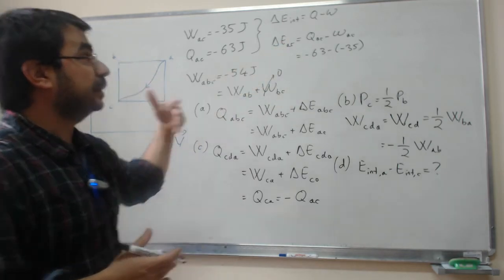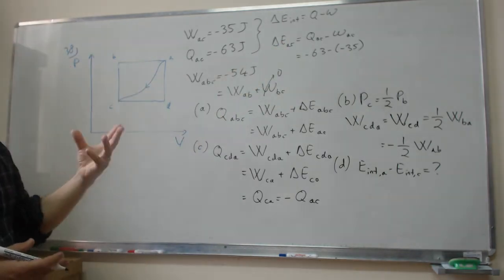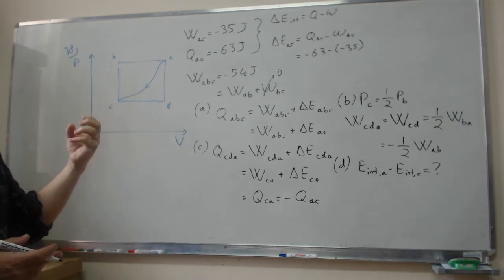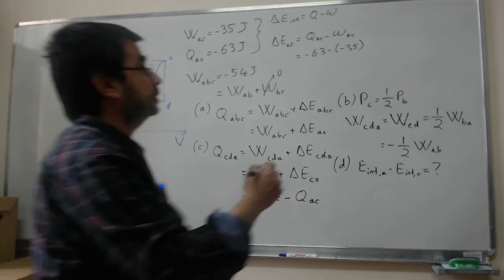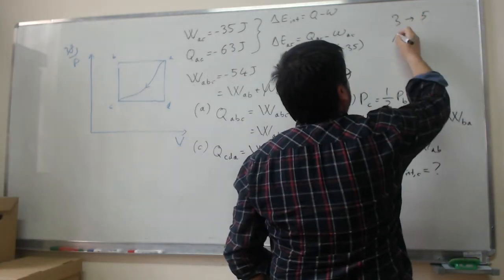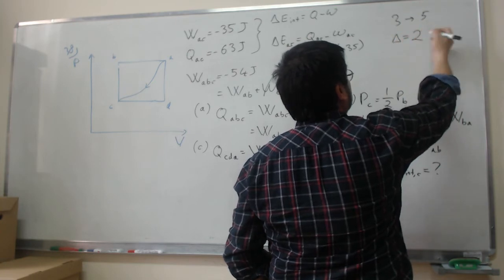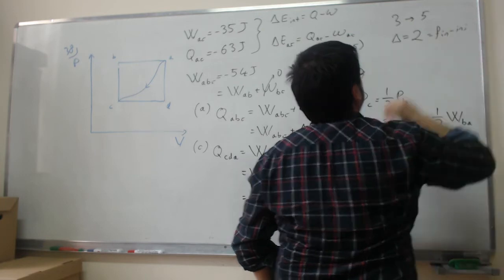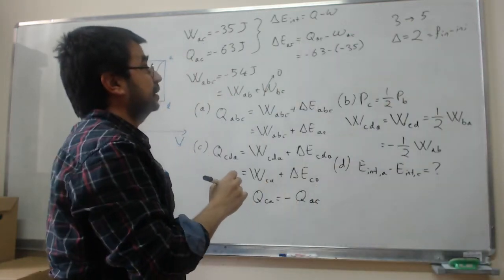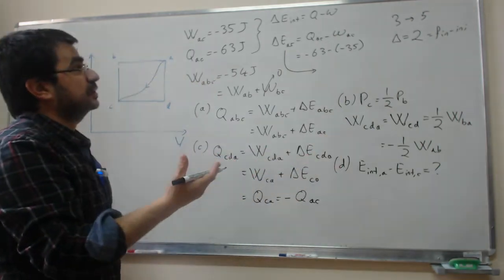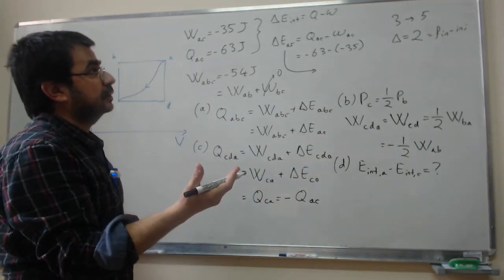Well, when you're doing this, what you normally do is you just subtract the initial value from the final value, right? Just to give a very simple example, let's say you're going from 3 to 5, your delta is just 2, and this is of course equal to the final value minus the initial value, right? So the same deal here. This thing is some change in a quantity, so it's just the final value minus the initial value.